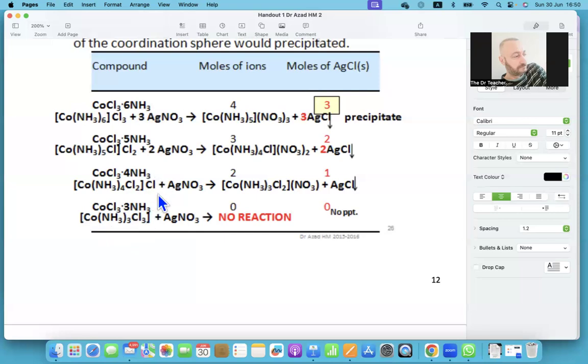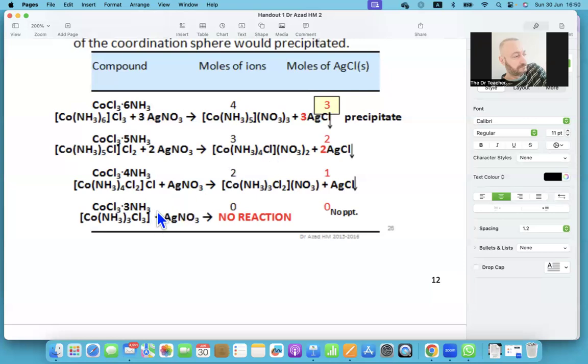Whereas there is 1 Cl outside, 2 Cl outside, 3 Cl outside the formula. So these 3 can react with 3 silver nitrate, these 2 chloride with 2 silver, 1 chloride with 1 silver. So once there is 1 chloride, 2 chloride, 3 outside the coordination sphere, the reaction will take place.